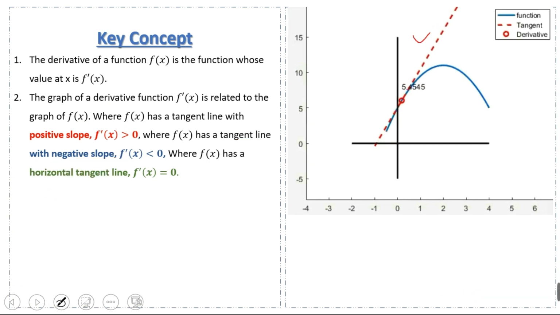When the slope of the tangent line is positive, the derivative of the function is positive, and when the tangent line is horizontal, the derivative of the function will be 0. At this point the derivative is 0, and the tangent line is horizontal. And when the slope of the tangent line is negative, the derivative of the function is negative.